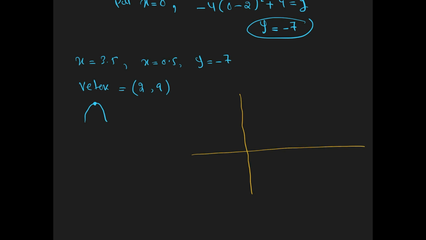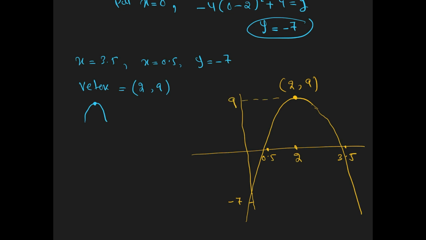Let's say this is 0.5, here we have 3.5, then somewhere along the line here we have minus 7. Let's try to be a little more accurate. So this is the sketch of our curve. This is the vertex, and the coordinates of the vertex are 2 and 9. So this point here is 2 and this one is 9.